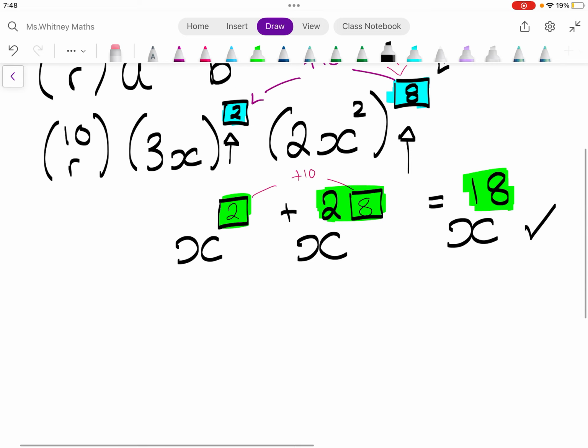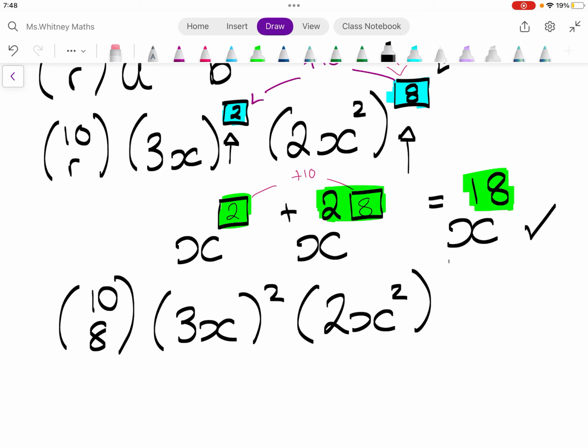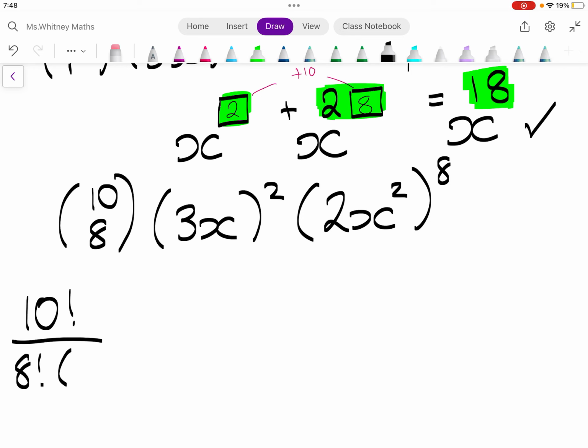So we're just going to pull now all the relevant information, and we have 10 choose 8, and then we've got 3x squared times 2x squared to the 8. And then the next step would become our 10 factorial over 8 factorial times 10 minus 8, so 2 factorial.